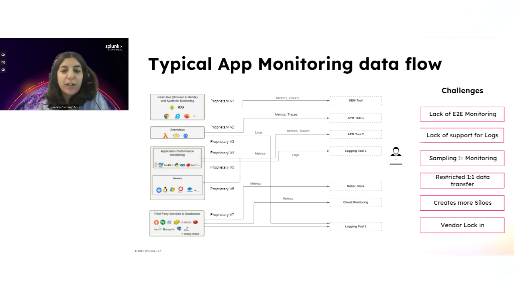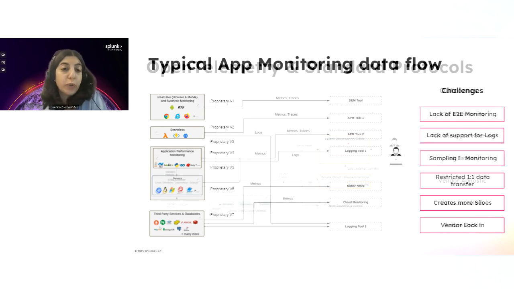And as you can see, it creates more silos. It's not a great way to get that end-to-end monitoring experience. You might even have to face some sampling, which is not ideal for monitoring. And it also creates a lot of vendor lock-in.